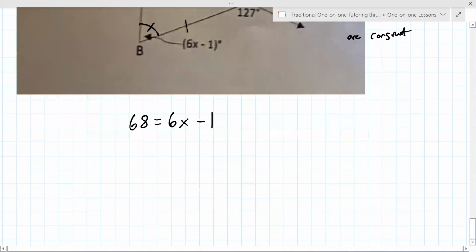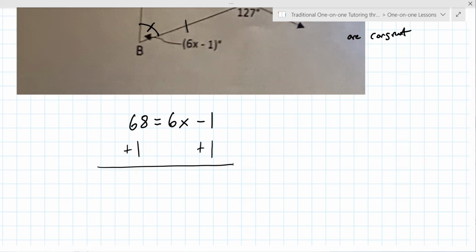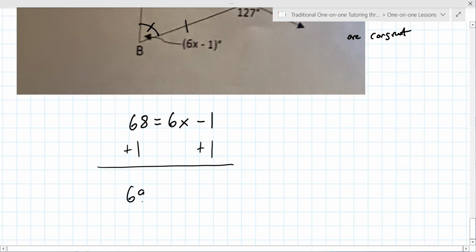Now how do we undo subtraction by 1? You should add 1 to both sides of the equation. What is 68 plus 1? 69. Then what do you divide both sides by? 6. Good.